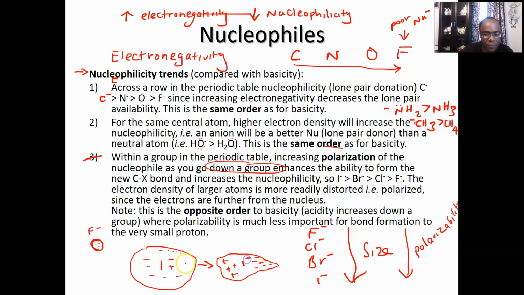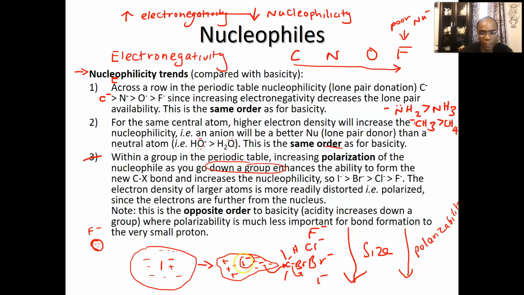So because iodide is big, it can change its shape, and therefore you can imagine it's possible to attack this carbon center. So iodide can fit in that pocket to attack the partially positive carbon center in a substitution reaction. But F minus cannot change its shape because it's small.